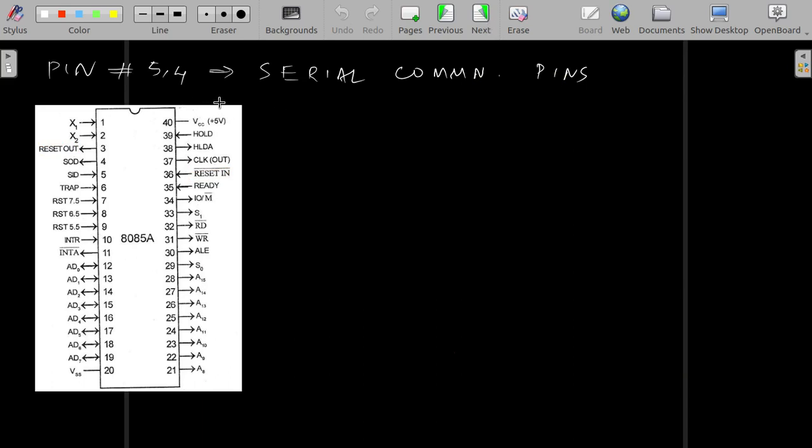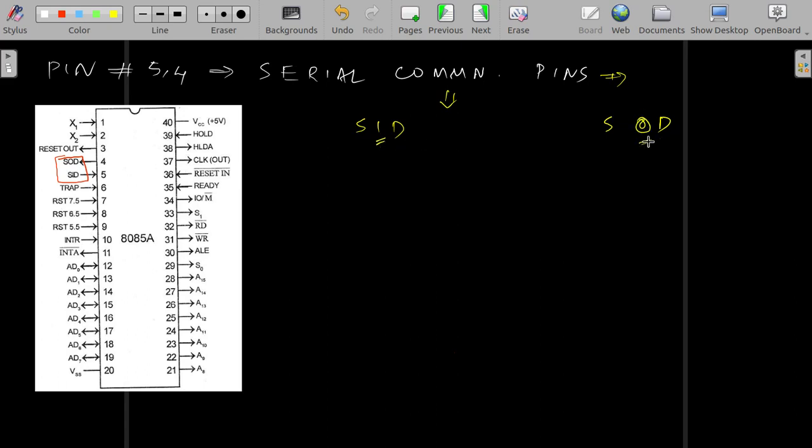So pin number 5 and pin number 4. So let's see what they are. Pin number 5 and pin number 4. So basically they are, let's write here, SID and SOD. So obviously they are serial communication pins, and so this I will stand for what?